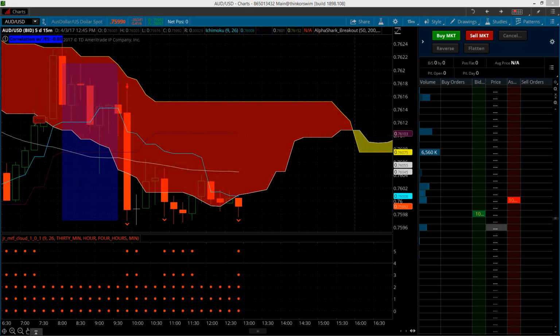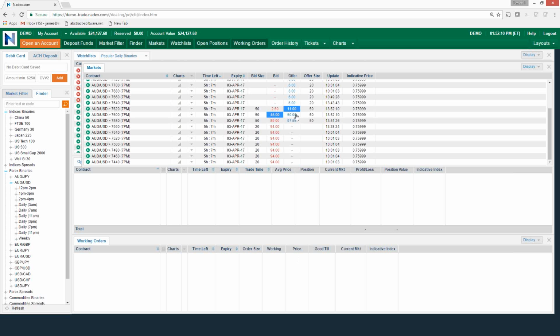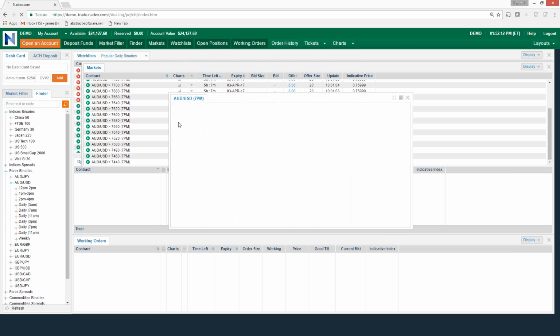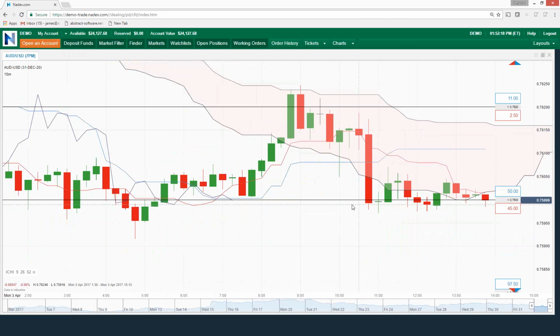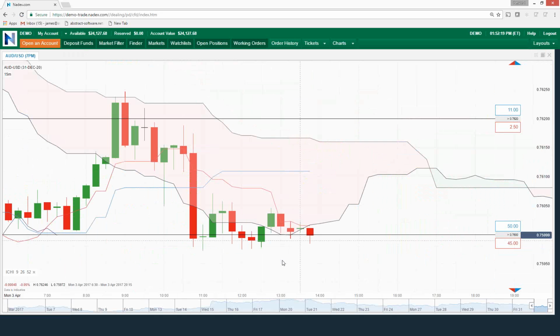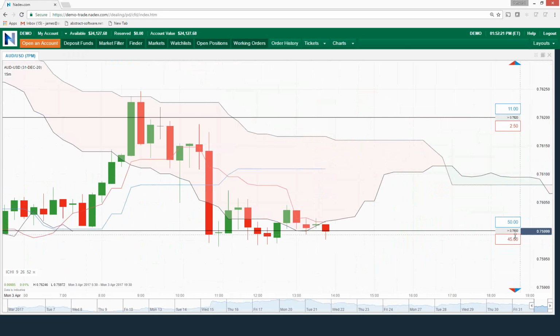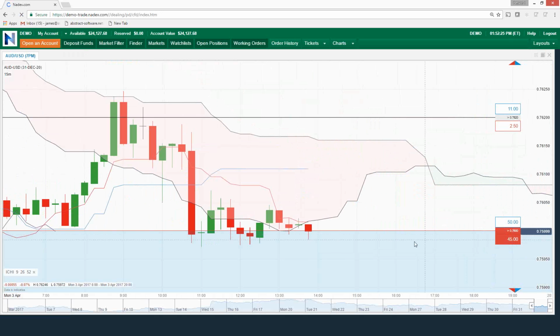So how can I trade this and get a good risk to reward ratio on this short setup? Well, I'm going to pull up my ladder chart here. And here we see the same thing on the 15-minute bar. My first setup, as always, is going to be an at the money. So they're 45 at 50.